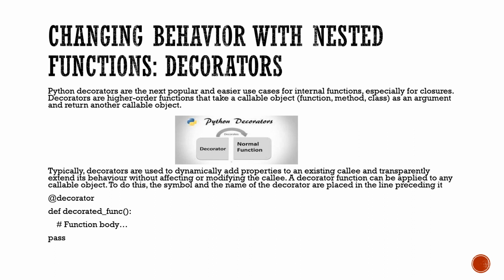Next topic is changing behavior with nested functions, decorators. Python decorators are the next popular and easier use case for internal functions, especially for closures. Decorators are higher order functions that take a callable object (function, method, class) as an argument and return another callable object.